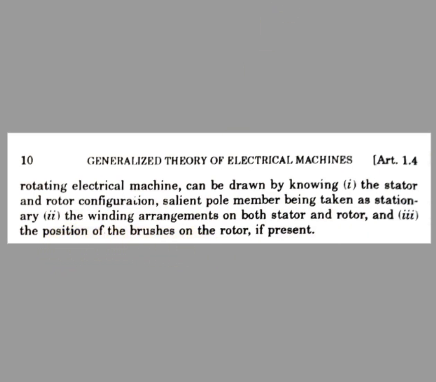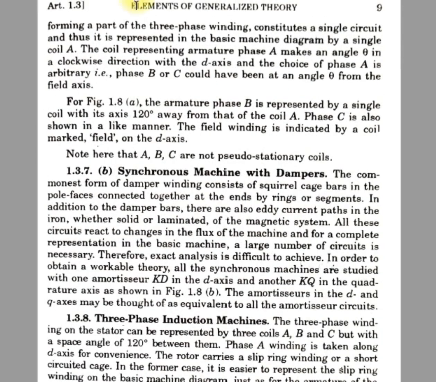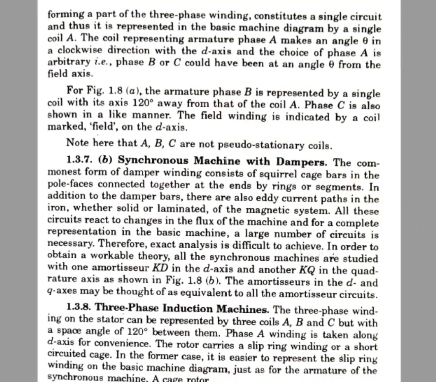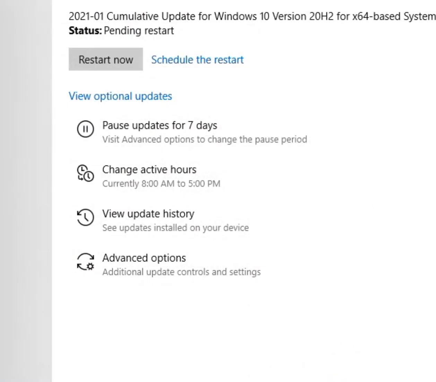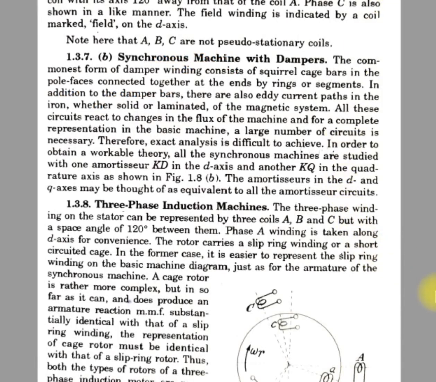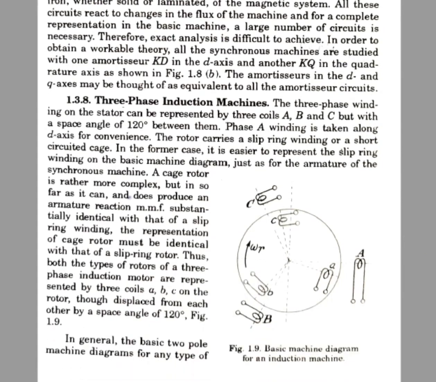In this particular machine, you don't have any brushes, so the third point does not come into the picture. But where the brushes are applicable, you will make a decision based on that.